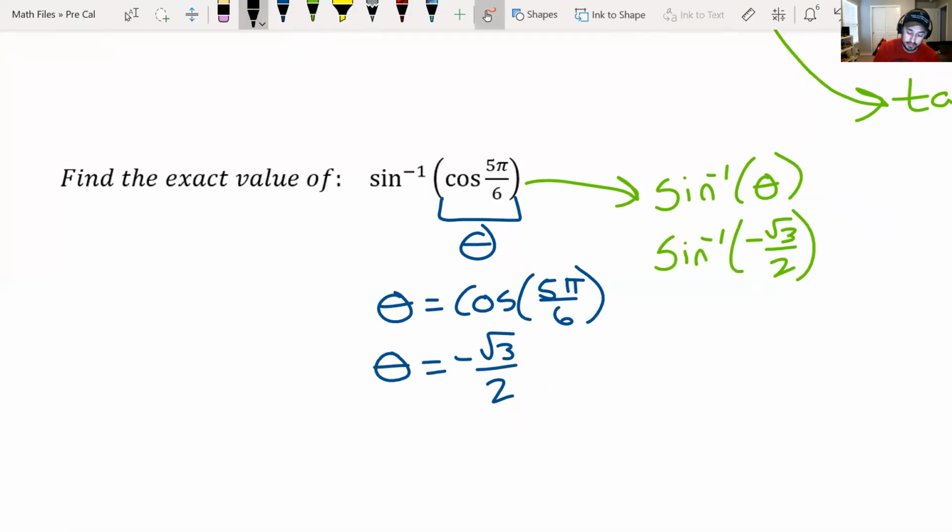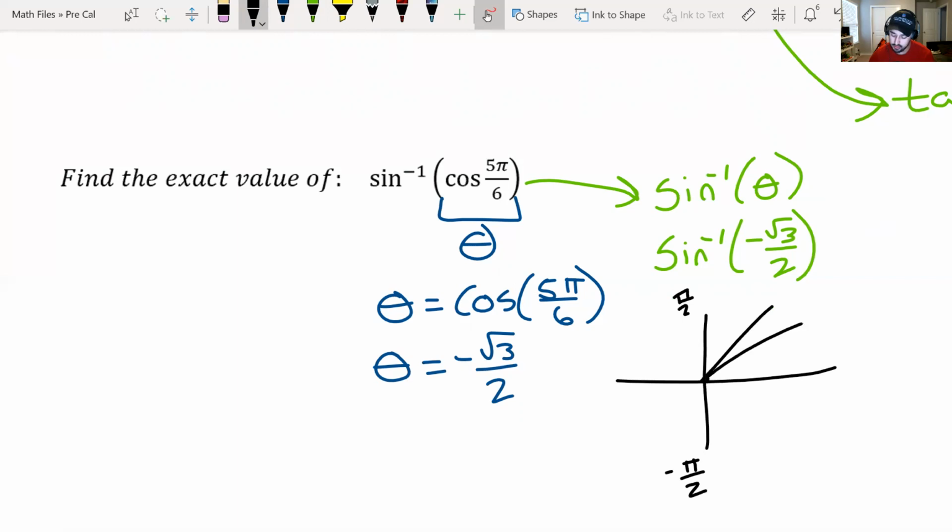I'll draw those really fast. So here's where the inverse sine lives again, negative pi over 2 to pi over 2. There's 0.